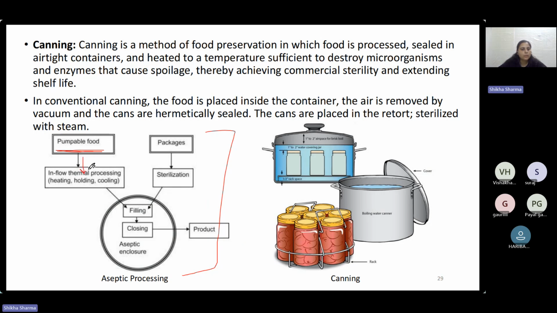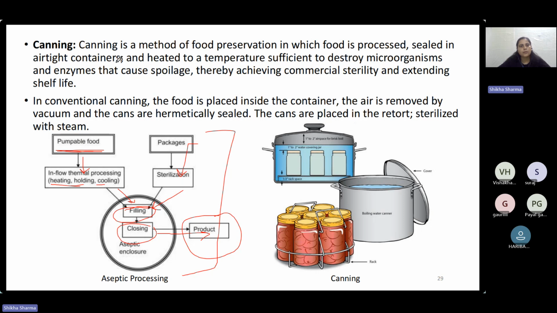They go through thermal processing like heating, holding, and then cooling, and then the package will be there. It will be sterilized, and the sterilized package will be there, and the filling, and finally closing, and after closing the product will be delivered, which can be stable at room temperature even.